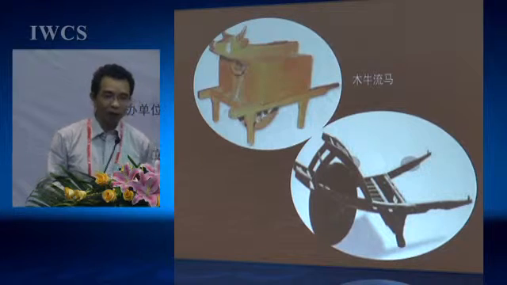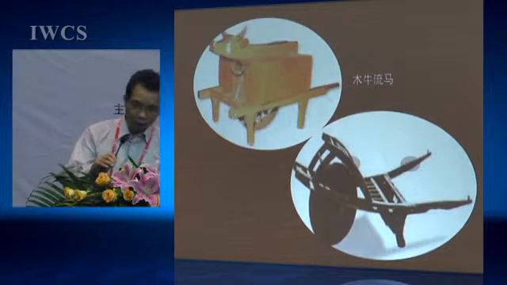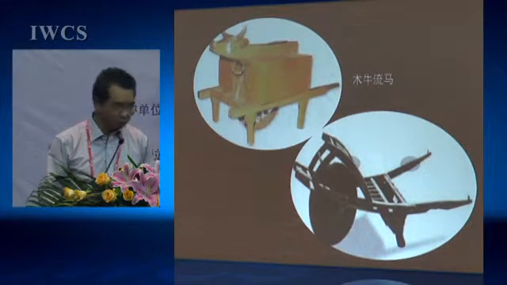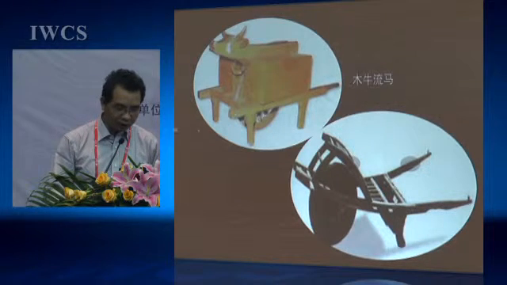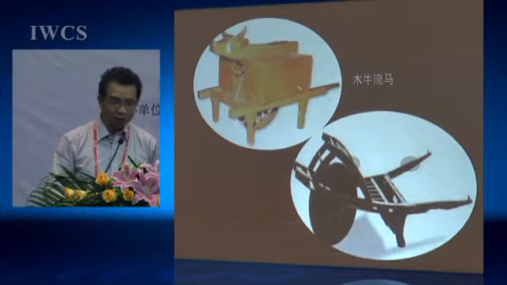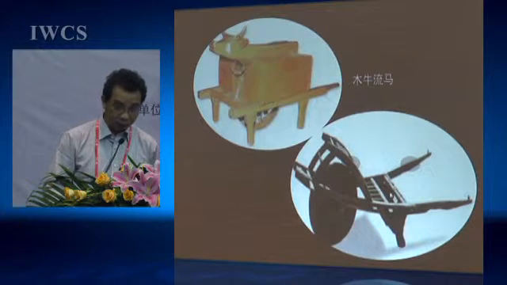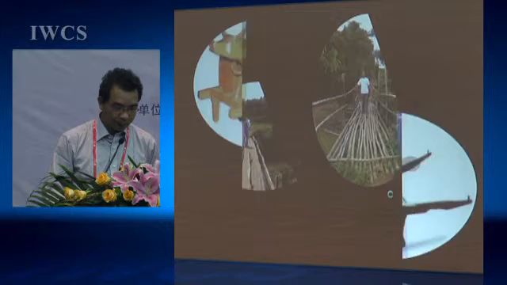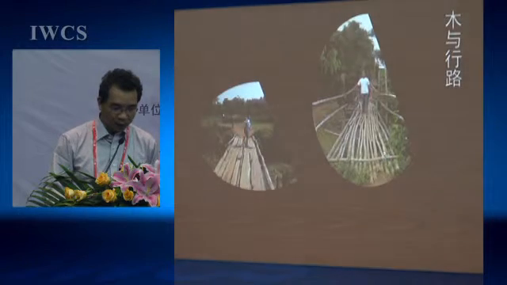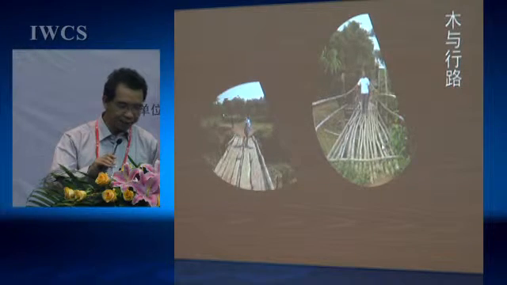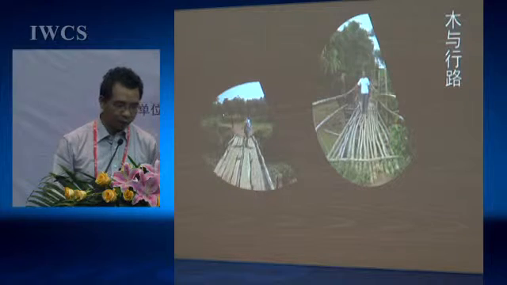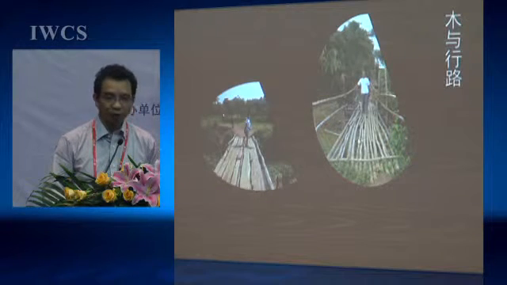So how people use wooden tools to carry materials. This is 木牛流马, or wooden buffaloes and flowing horses. This is a kind of vehicle made by Zhuge Liang, or Kong Ming, in China's history to carry materials for the armies in battles.